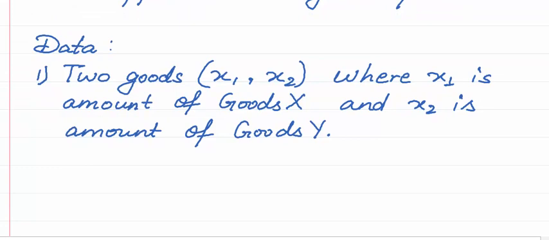The second basic requirement is we must know the price of these two goods.